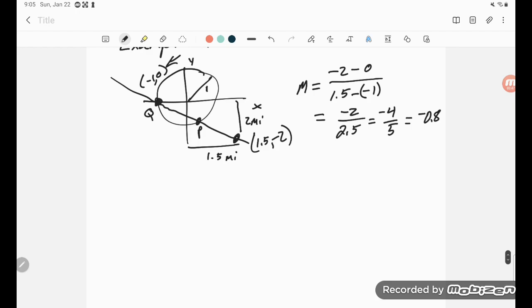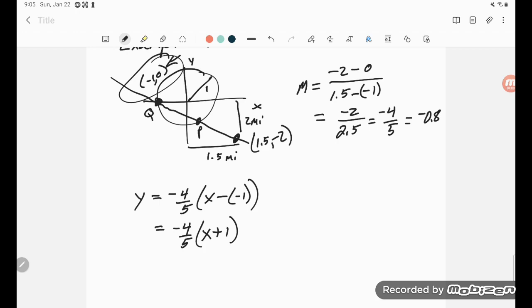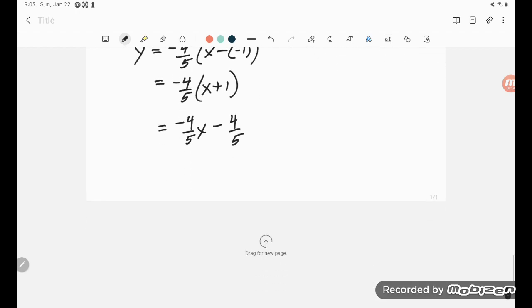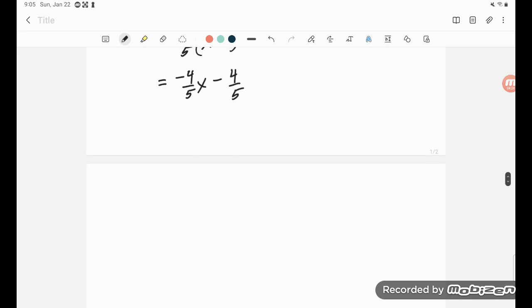Okay, but then I take a point, I'll probably take that one, that'll be the easiest for me. And I have that y equals the -4/5 times x minus a -1. And so that's -4/5 times x plus 1, or I could write it as -4/5 x minus 4/5. Okay, so there is the equation of my flight line. That's the model I have for that.